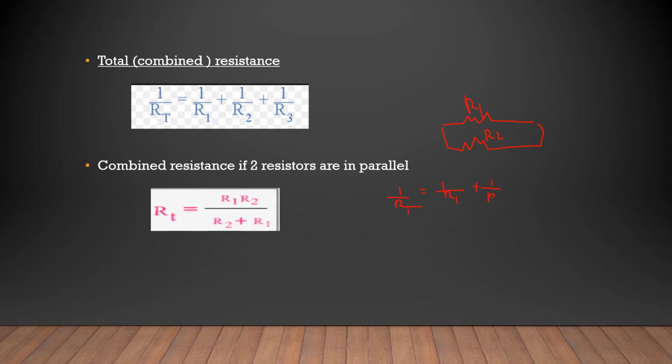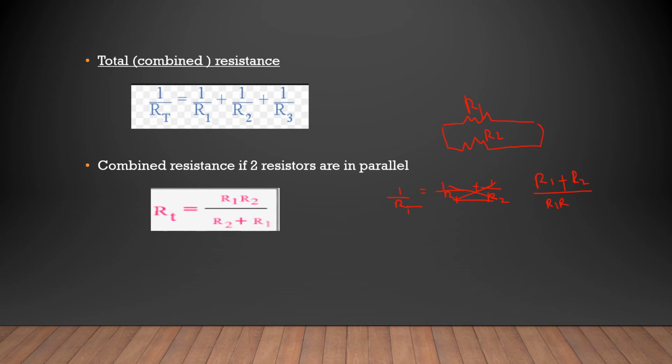On cross multiplying, we will get R1 plus R2 divided by R1 R2.